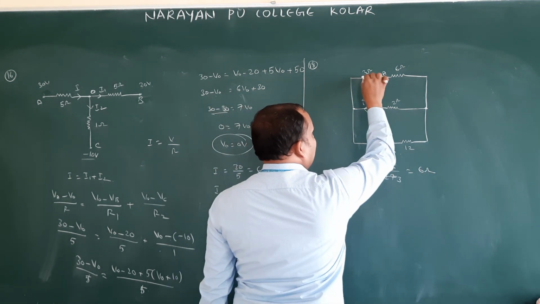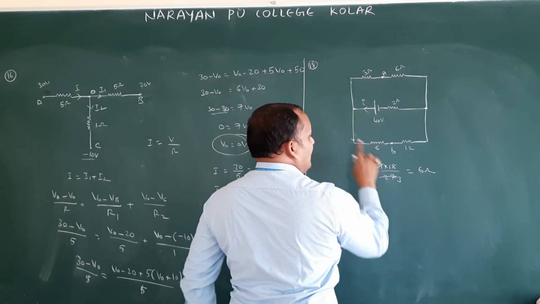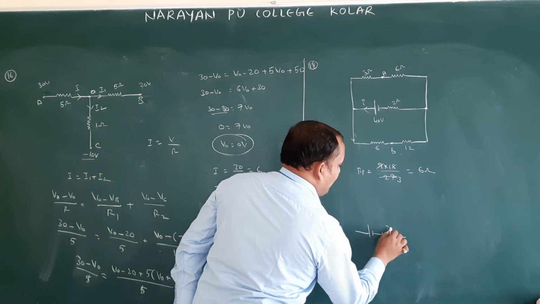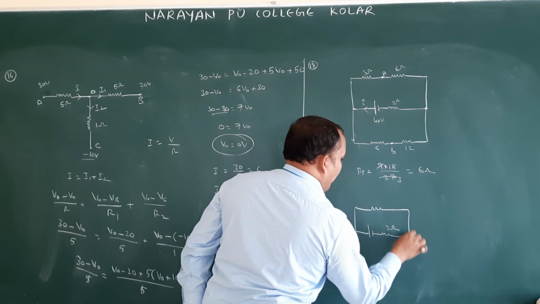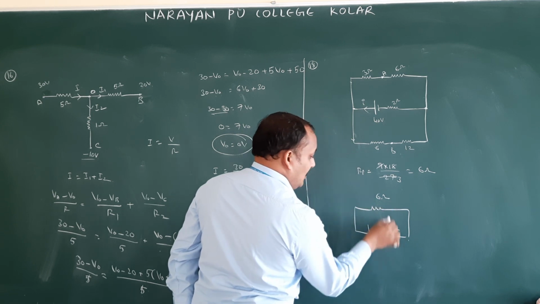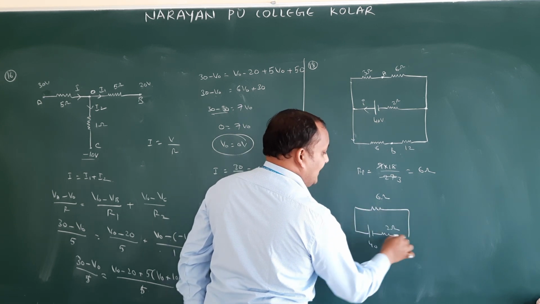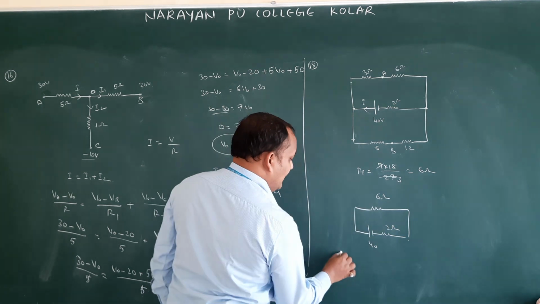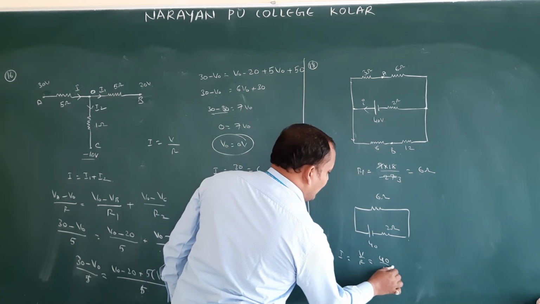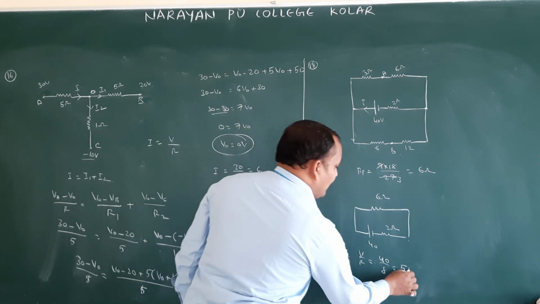Now in place of these two resistor values, we got 6 ohms. In addition to this, 2 ohms is there. Now these two, how are they connected? These two connected in series. 6 plus 2, 8. Therefore, I is equal to V by R. So 40 by 8 means 5 amperes.